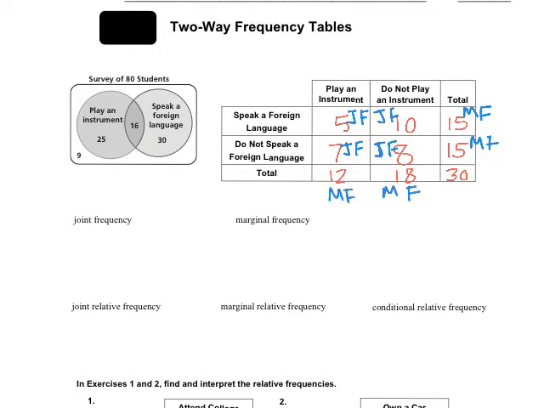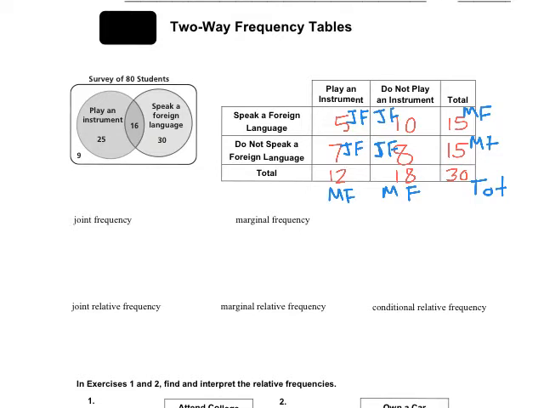Okay? And then this doesn't really have a vocab word with it here, but this is our total. So we know the crosses make our joint frequencies, the subtotals make our marginal frequencies, and then we have our big total at the end, which is the total number of people.